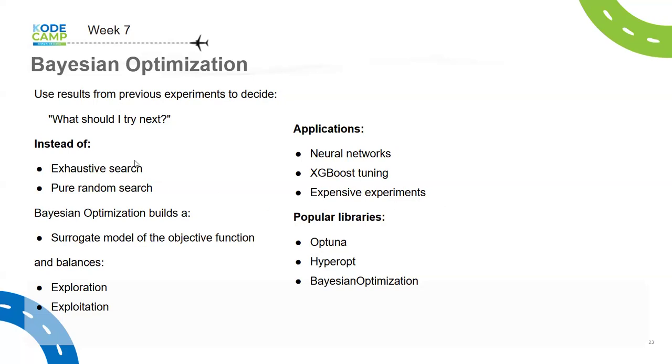So instead of an exhaustive search, which is what the grid search does, or just random search, which sometimes can miss very key combinations of hyperparameters, what the Bayesian optimization does is that it's going to build a model that it will use to predict what would likely be the next best set of hyperparameters to pick from.